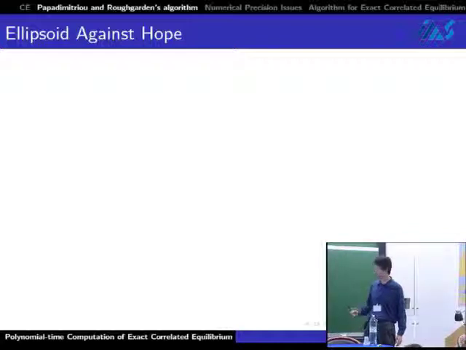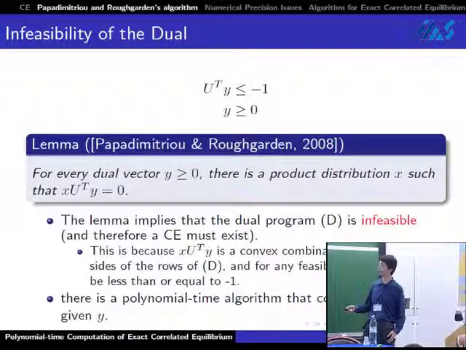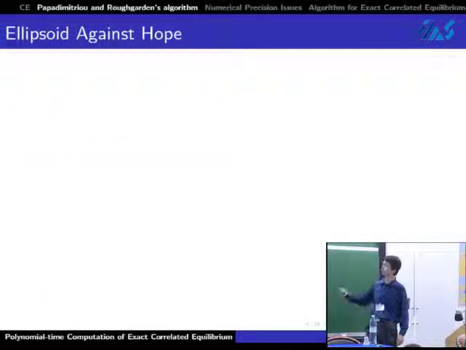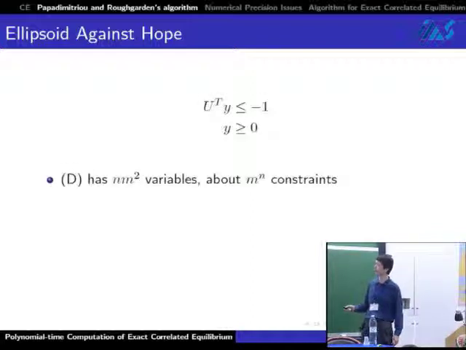So far this gives a proof that a correlated equilibrium exists, but the proof is not constructive at all. So Papadimitriou and Roughgarden propose a way to make this proof constructive using the so-called Ellipsoid Against Hope method.